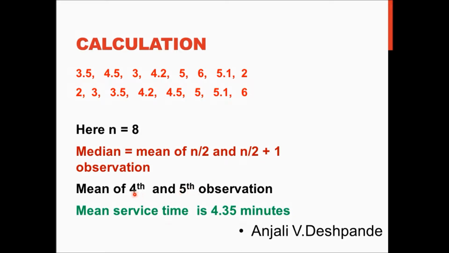So we take the mean of the 4th and 5th observations. Which one is the 4th observation? See, 1, 2, 3, 4. This is the 4th observation. Then the 5th observation is 4.5. So 4.2 plus 4.5, divided by 2, is equal to 4.35 minutes.